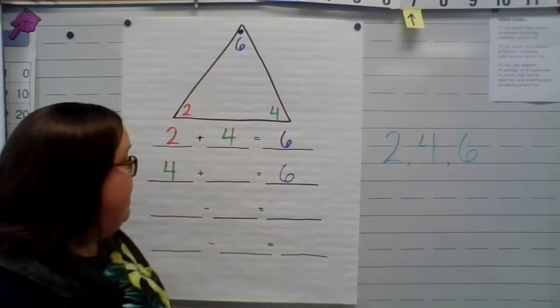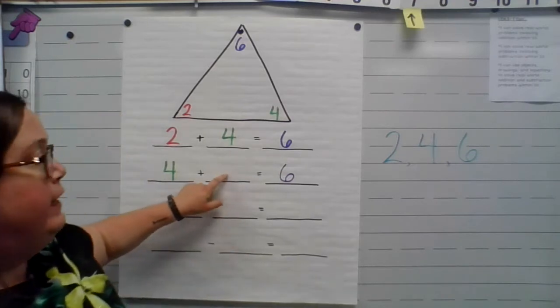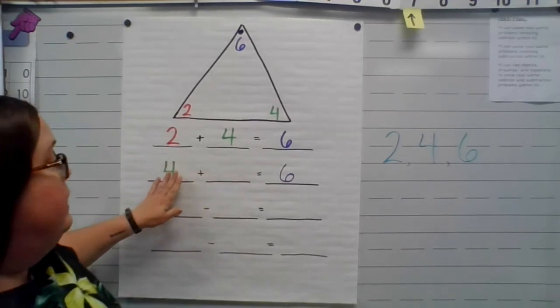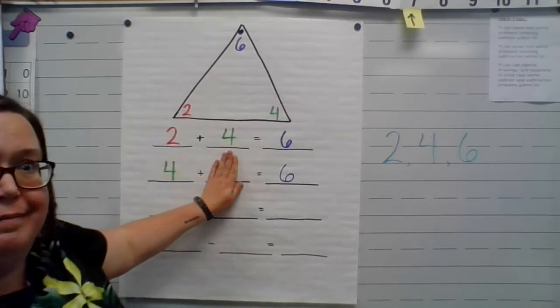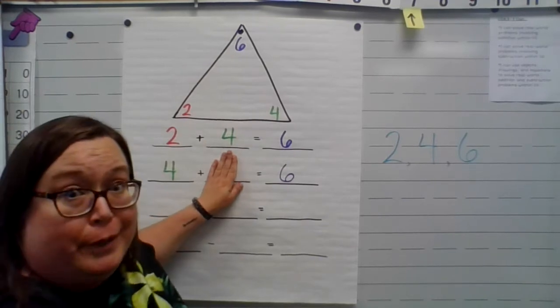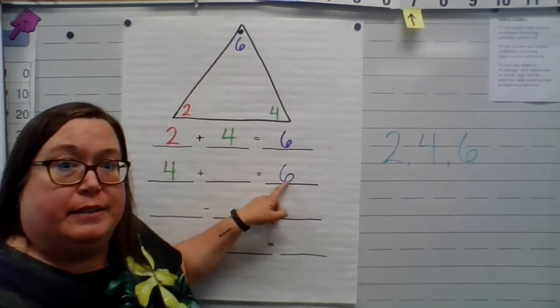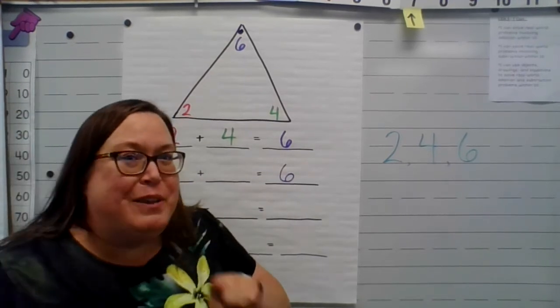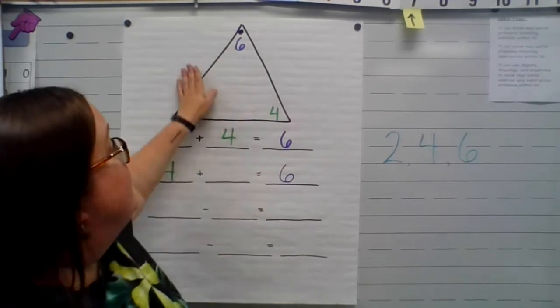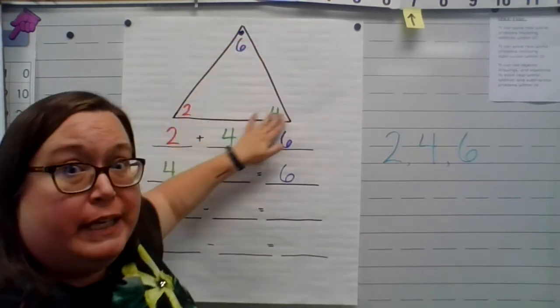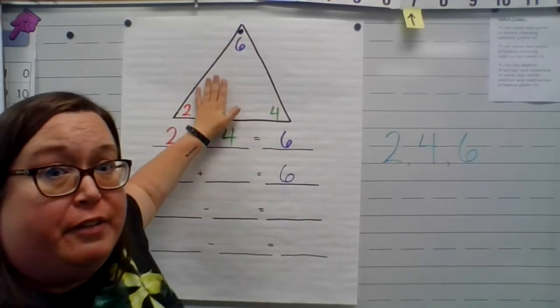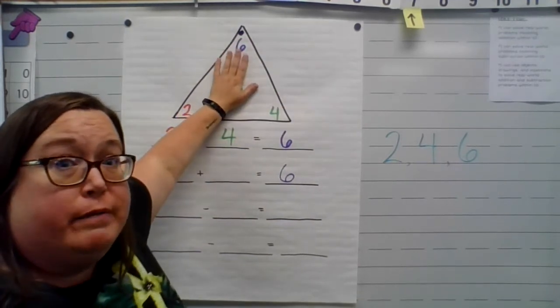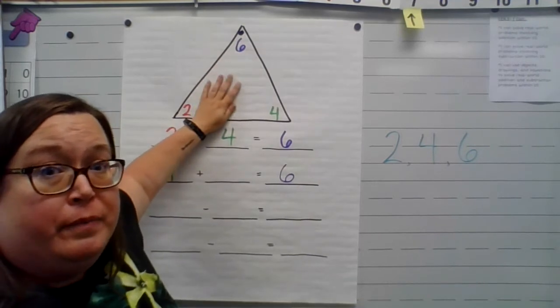Okay. That means we have to figure out what goes right here, because we have 4 plus a mystery number equals 6. It's not that hard of a mystery, though, because all of our numbers come from the same fact family. We can't use any other numbers.